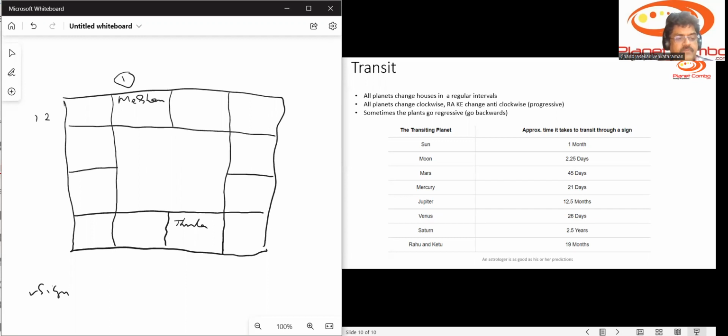The second thing we did was we introduced the concept of cusp, okay? Depending on the time of birth, we'll have 12 cusps, right? So maybe the first cusp is here, the second cusp is here, the third is here, fourth is here, 5 is here, 6, 7 is here, 8 and 9 is here, 10, 11 is here, 12 is here.